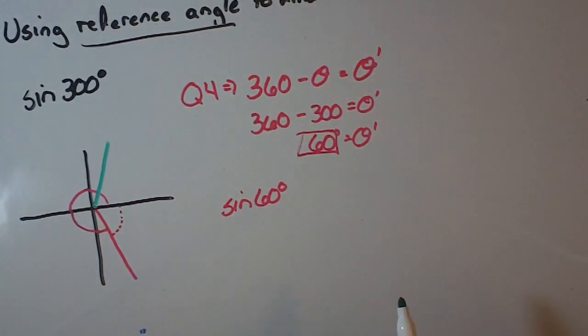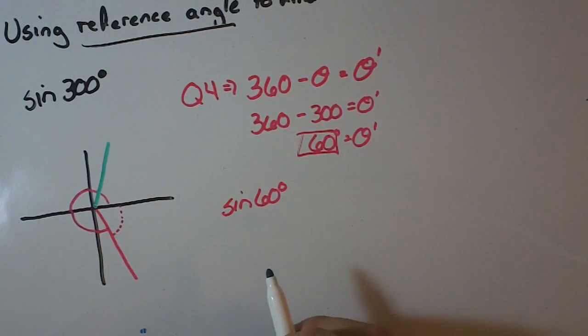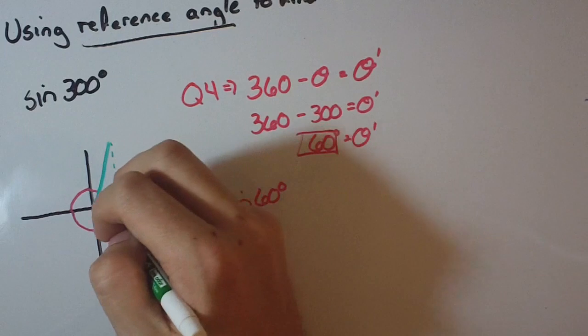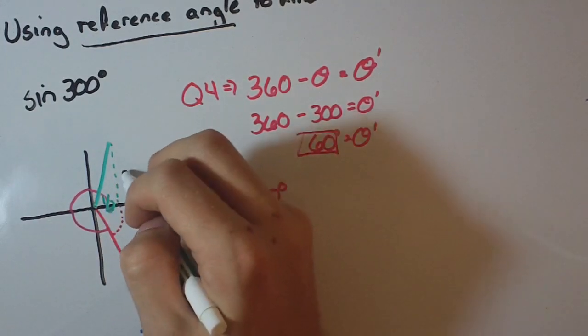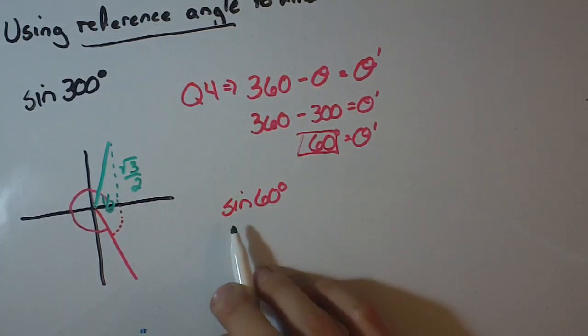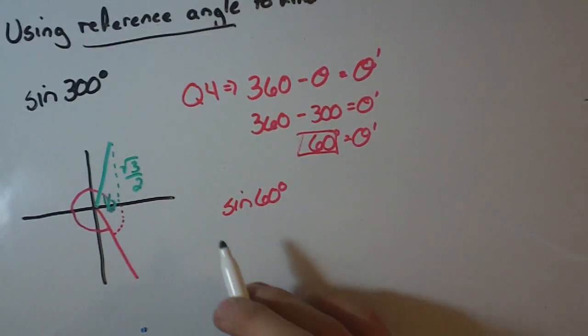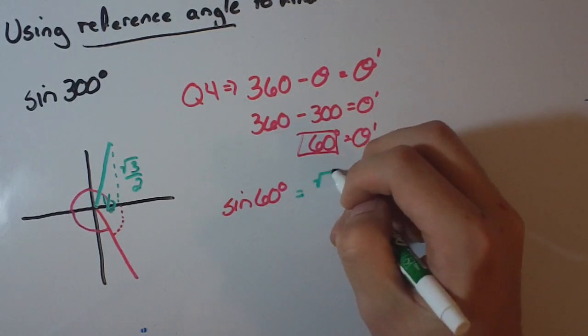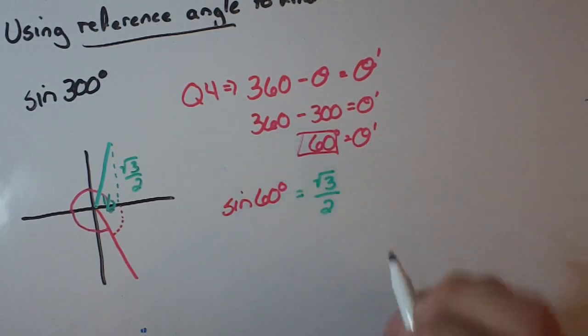And referring back to the unit circle, the x value for this angle is 1/2, and the y value was square root of 3 over 2. Now sine always refers back to the y value, so sine 60 degrees is square root of 3 over 2.